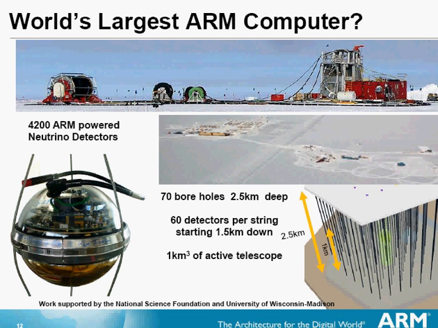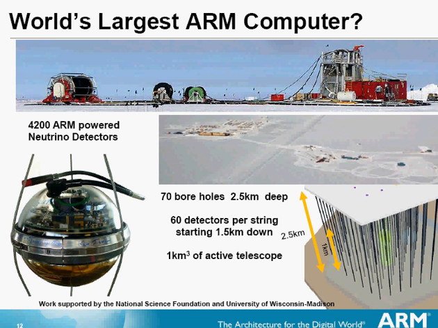Now, world's largest ARM computer. Neutrino. You must be knowing about neutrinos. Neutrino is a particle, similar to an electron, but has no electric charge and comes from nuclear reactions from the sun, or from dark matter. The system acts as a telescope to detect things like supernovas and black holes in the universe.